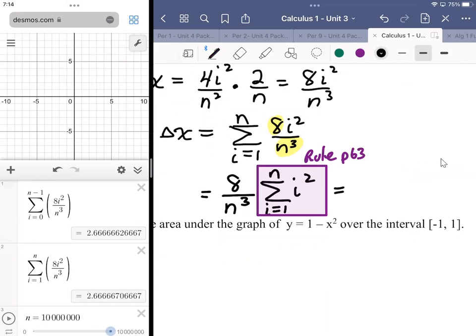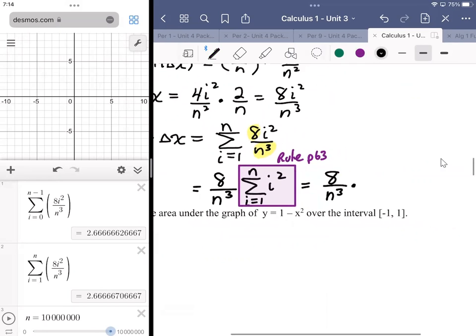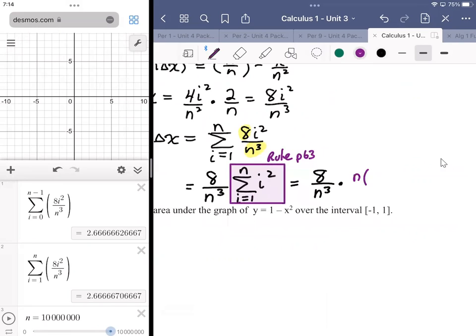So this is going to be equivalent to 8 over n cubed times n plus 1 times 2n plus 1 all over 6. Now we can simplify this a little bit.